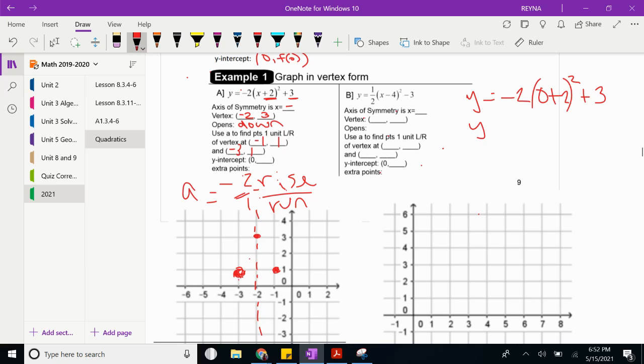Okay, what did you guys get if you finish this? What do you get for your y-intercept? Let's find out if you were right.